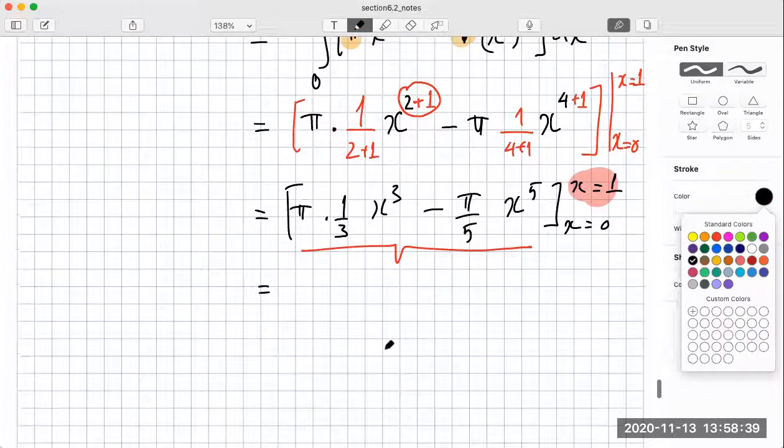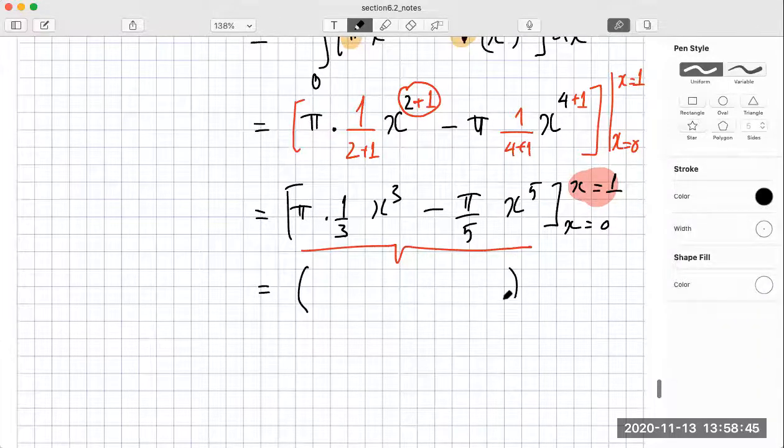We just replace x by the upper limit, right? So it will be pi times 1/3, which is pi over 3, and we plug in the upper limit first.